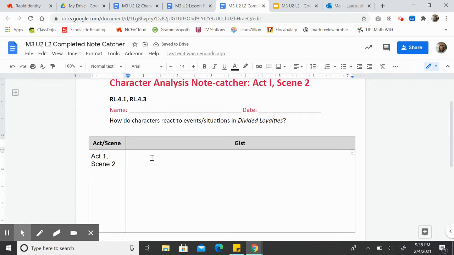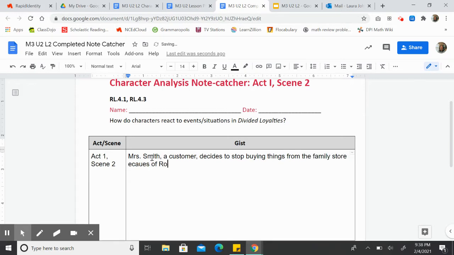Okay, Act 1, Scene 2 was, and what happened was Mrs. Smith, a customer, decided to stop buying things from the family store because of Robert's loyalist views and the impact they are having on the food he sells.